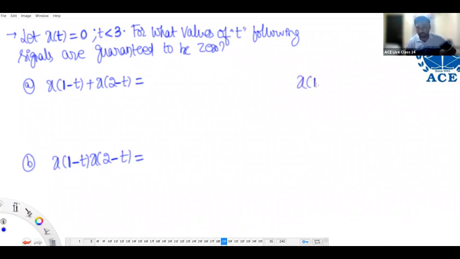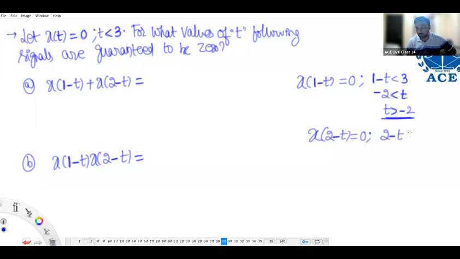x of 1 minus t is 0 for 1 minus t less than 3, minus 2 less than t, t greater than minus 2. Similarly, x of 2 minus t is 0 for 2 minus t less than 3, minus 1 less than t, t greater than minus 1.